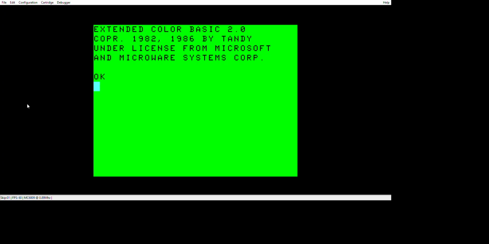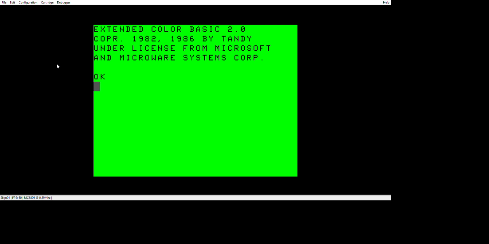I'm on the VCC platform right now, and I just want to take a quick look at what it says here. Extended Color Basic 2.0, Corporation, I'm not sure what that means. COPR, copyright it must be.